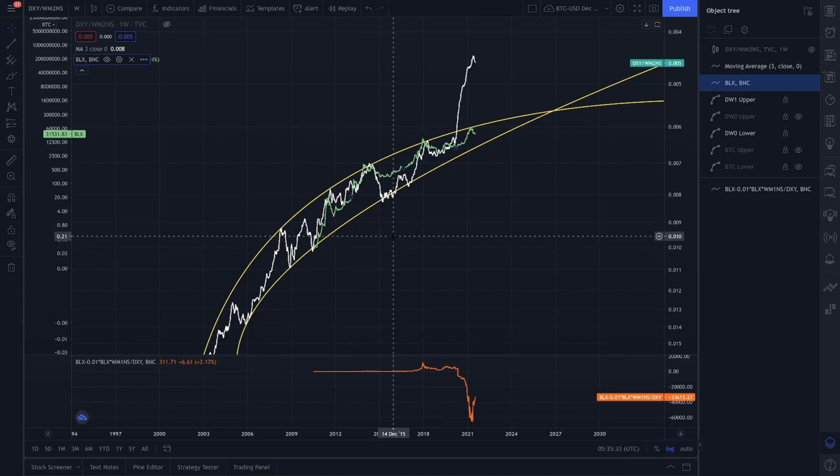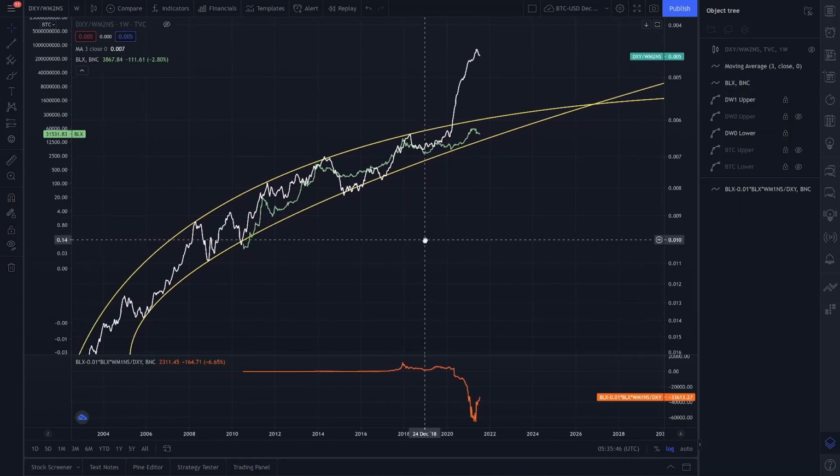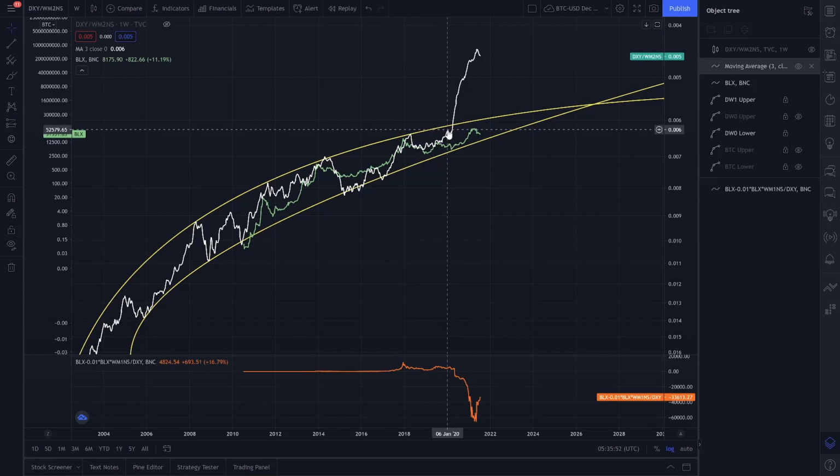So I think something interesting within this band is that we're still coming up to test the upper band. And for our value metric, when we have come up to test the band, we have returned to test it for value, and then we have had a sudden devaluing of the US dollar as we broke out.